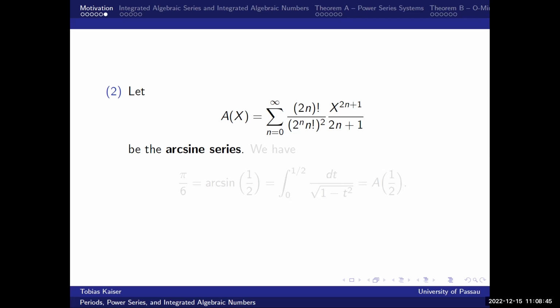The radius of convergence is again 1. I evaluate this at 1/2. This gives pi over 6. And again, I have such a formal antiderivative of an algebraic power series at a rational point.